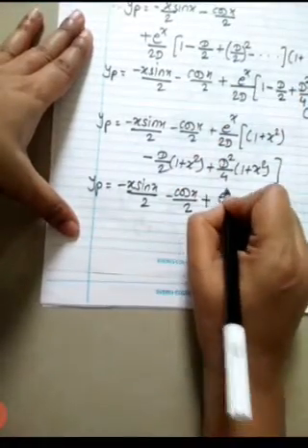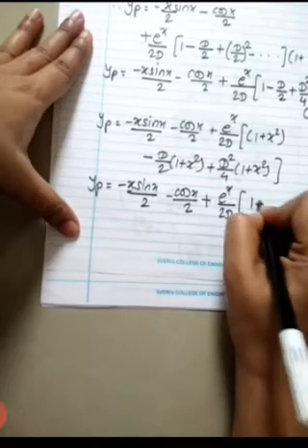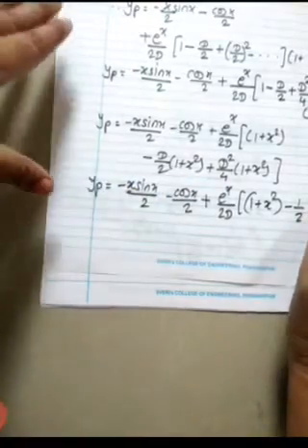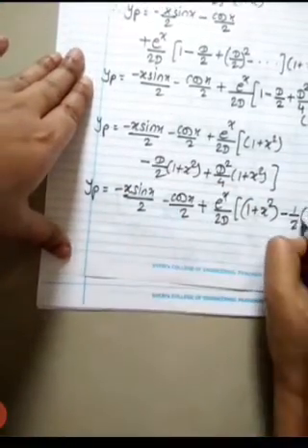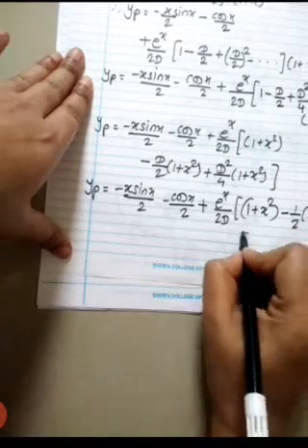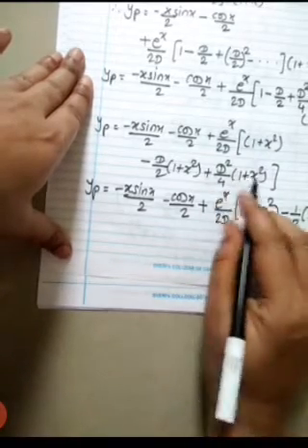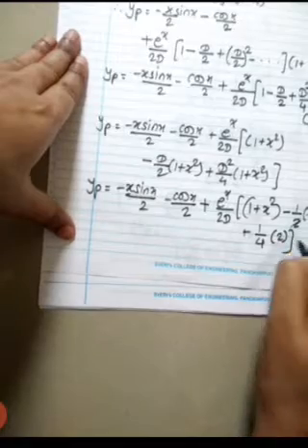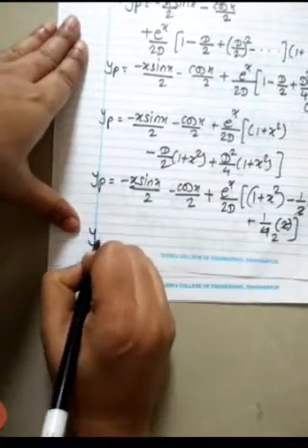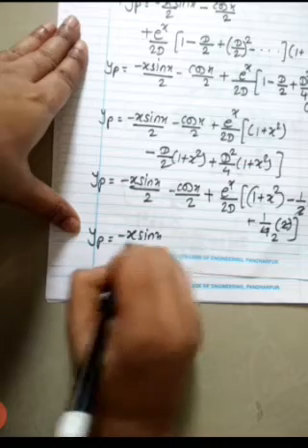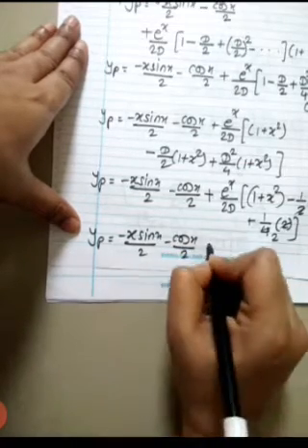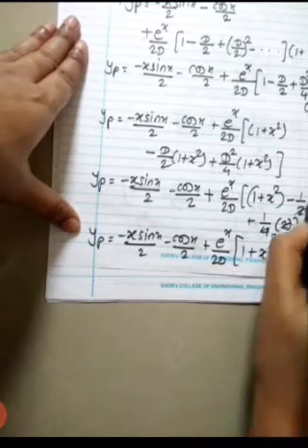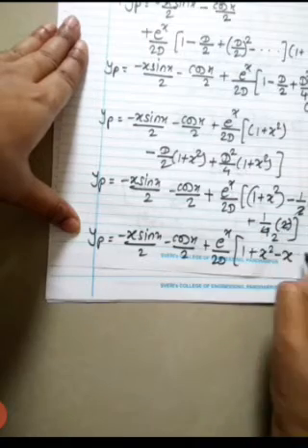So e raised to x by 2d, 1 plus x square, minus 1 by 2, derivative of 1 is 0, derivative of x square is 2x, plus 1 by 4, double derivative of this term, first derivative is 2x, next is 2. So 2 here cancels, and here is 2. So yp is minus x sin x by 2 minus cos x by 2 plus e raised to x by 2d, 1 plus x square minus x plus 1 by 2.